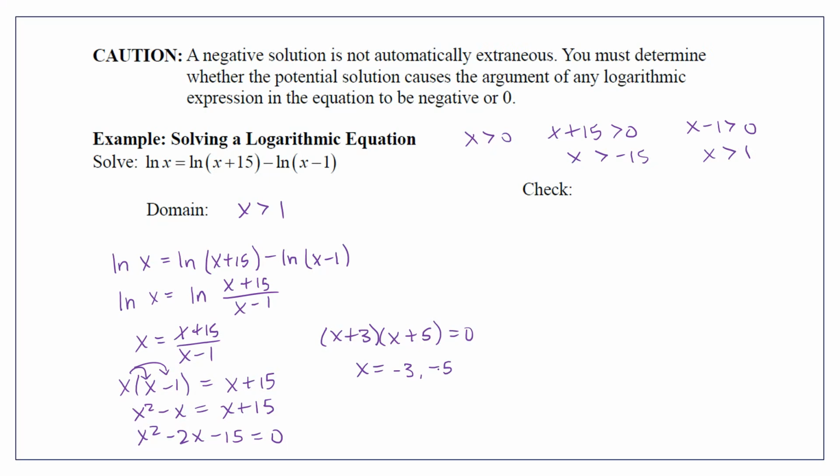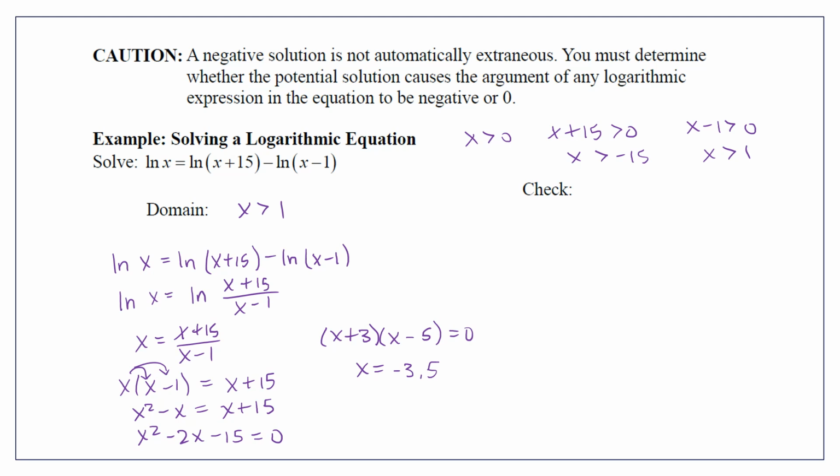And we'll get x equals negative 3 and x equals, that shouldn't be because it's a negative 15. Good catch. That should be negative 5. So that would be a positive 5. Yeah, okay, now that works.